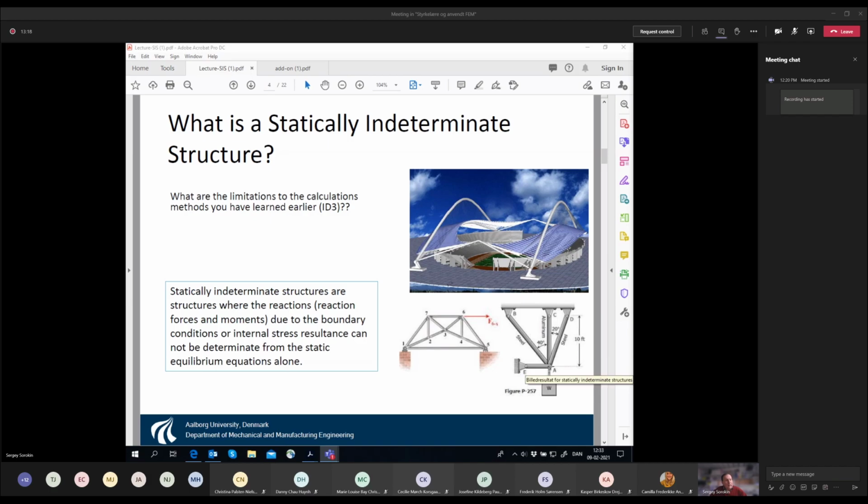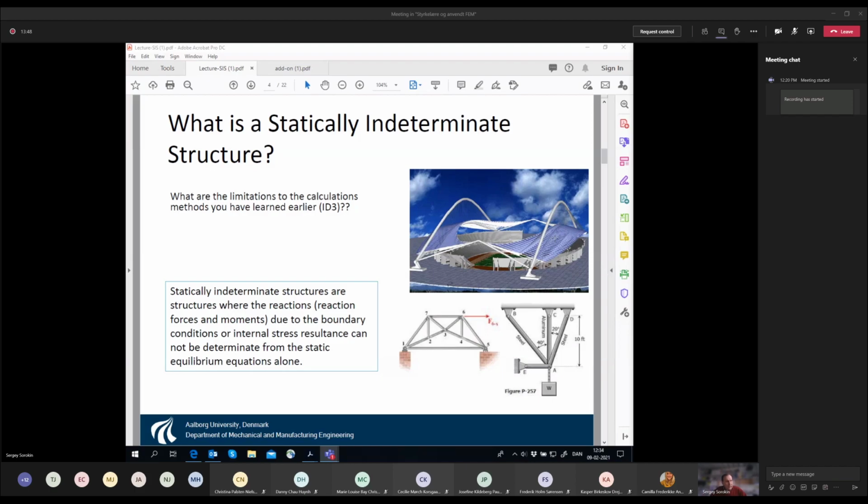So we have only 2 equations to find the forces, and then we have as many as 4 components, and each of these components may have to withstand some force. So here the point is that we are not able to find the forces acting in these members using only the equilibrium equations. So it's very, very simple.